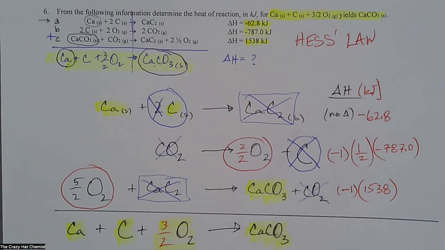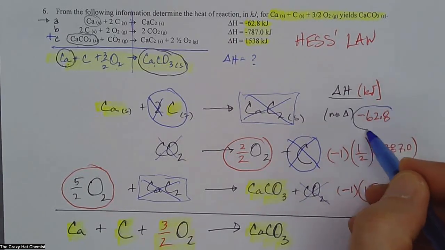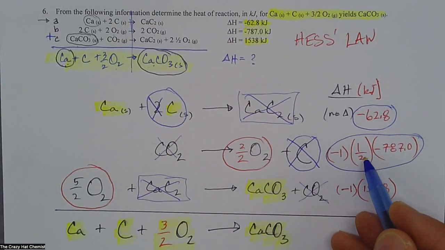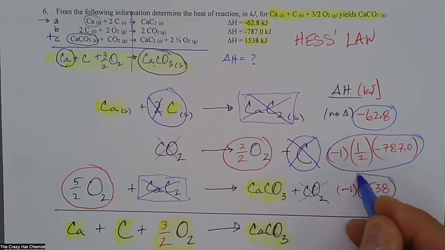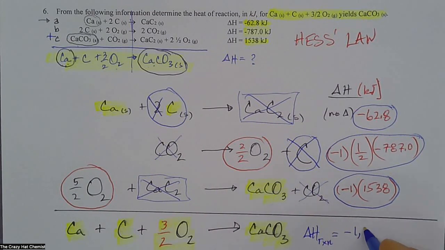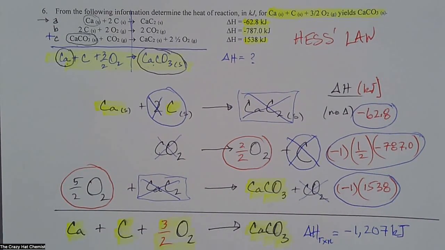And what we're going to do is leave this one alone. We're going to multiply this number by -1 and divide by 2, or multiply by 1/2. We're going to multiply this number by -1. And when we do all that, and then add these three numbers up, we're going to get an enthalpy change for this reaction equal to negative 1,207 kilojoules. And that is our answer for this problem.